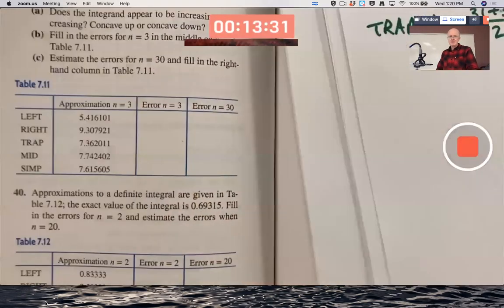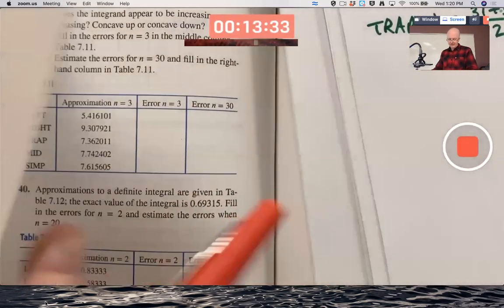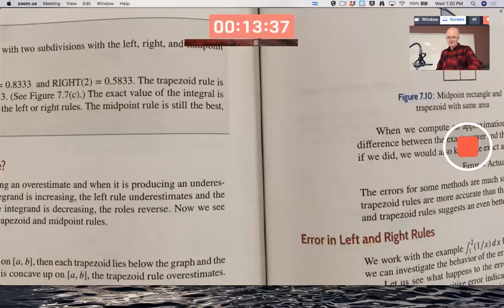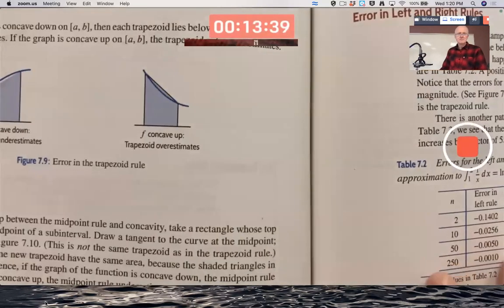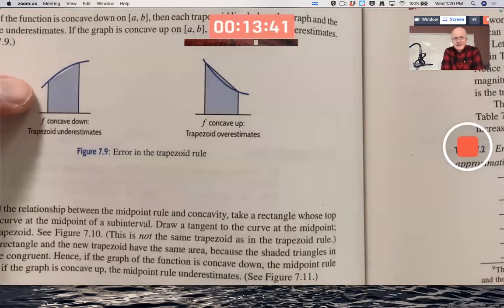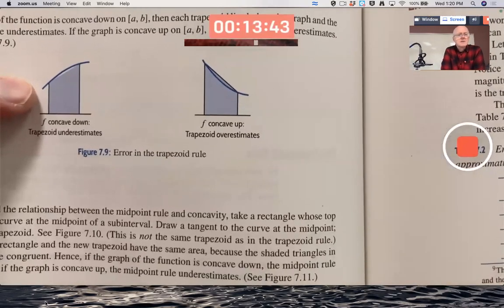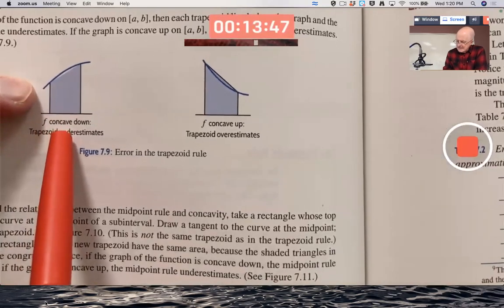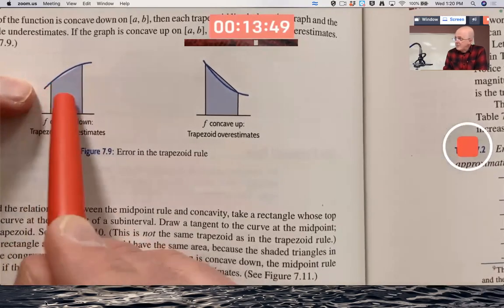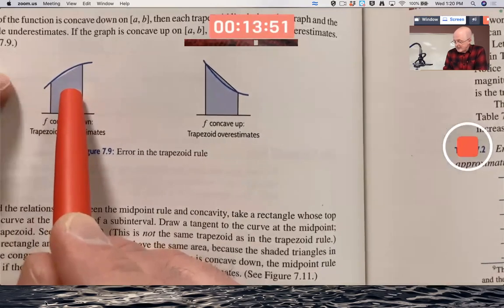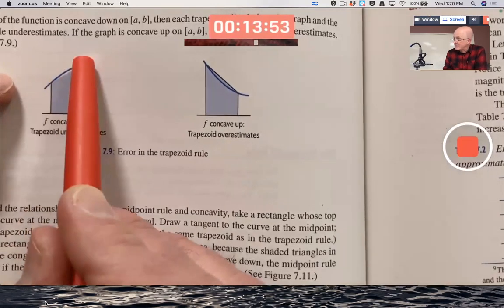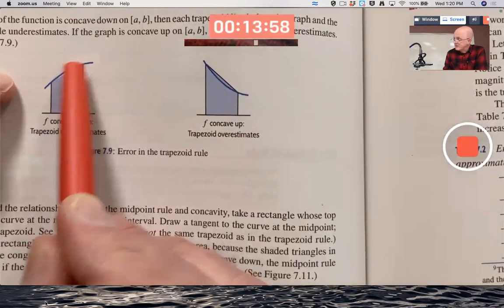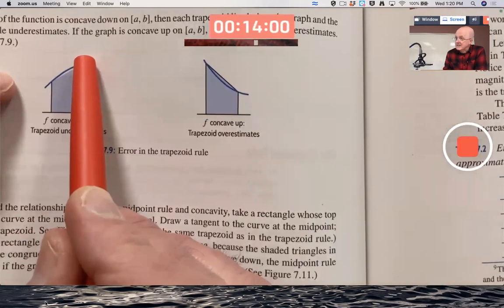With the trapezoid and midpoint rule, when the graph is concave down, what the trapezoid rule does is it essentially draws a trapezoid and finds the area of that trapezoid where the top of the trapezoid is a secant line to the curve, meaning it connects 2 points in the curve, not a tangent line, secant line.